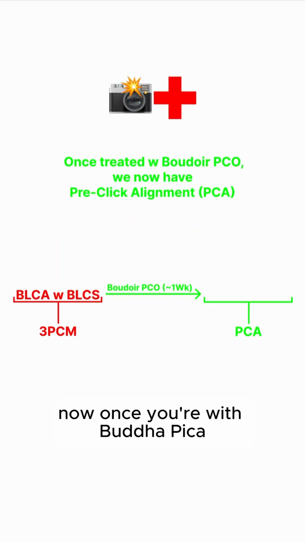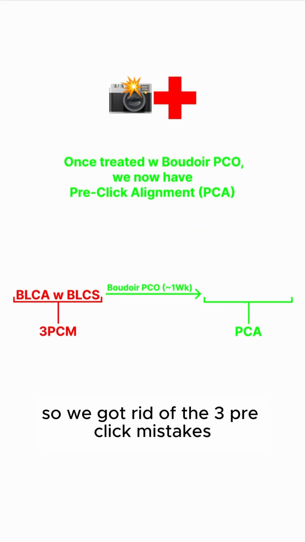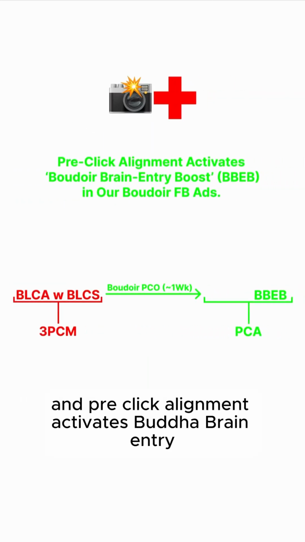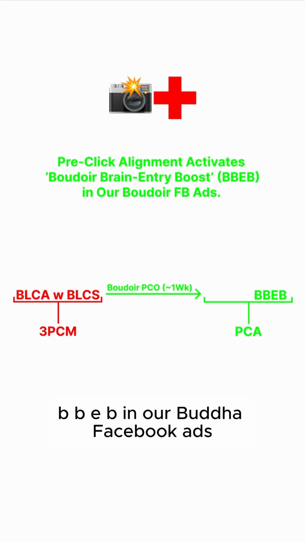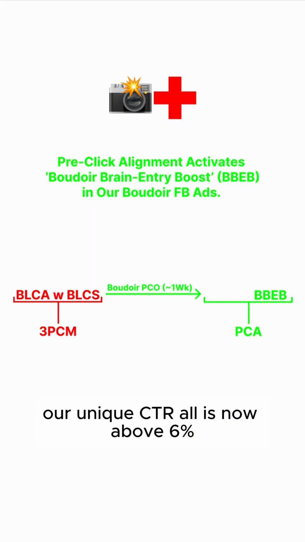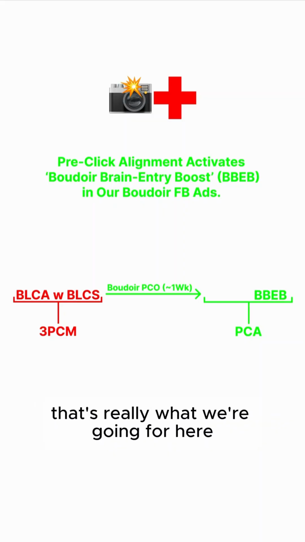Now, once treated with Boudoir Pico, we have pre-click alignment, so we got rid of the 3 pre-click mistakes. Pre-click alignment activates Boudoir Brain Entry Boost, BBEB, in our Boudoir Facebook ads. Basically, our unique CTR is now above 6%. That's really what we're going for here.